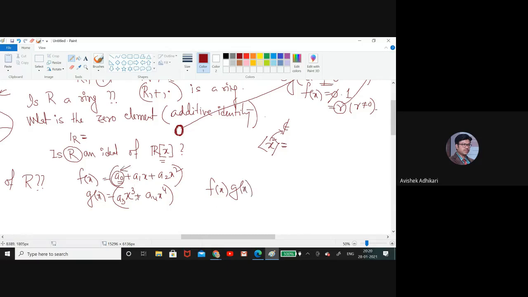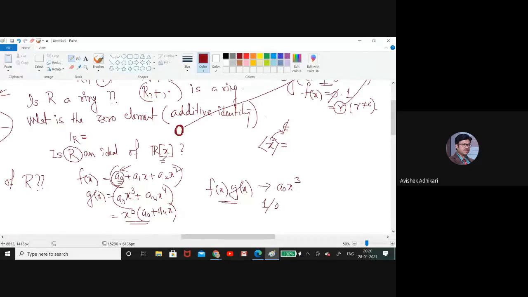Here you have x cube in common, so a3 plus a4x. Now if you multiply this with f, then this a0 becomes a0 x cube and so on. So in this product term, there will be no degree 1 or degree 0 term. So now you can understand that R is an ideal of Rx.